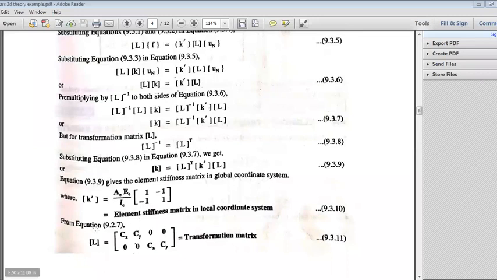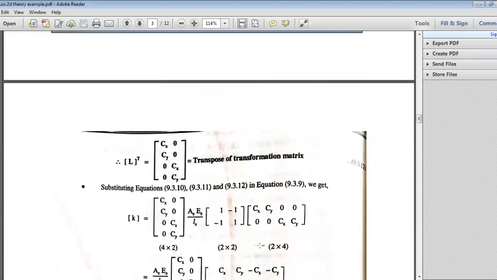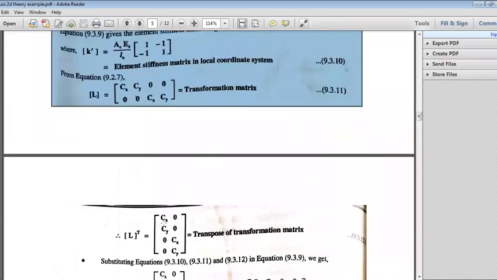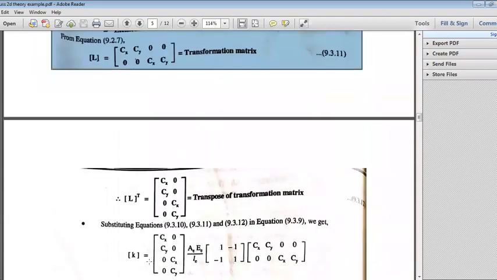Okay, we have already found this transformation matrix, right? So you can get this transformation matrix, and the transpose of this transformation matrix, column wise.